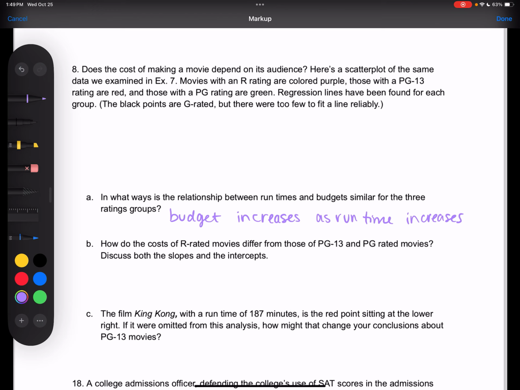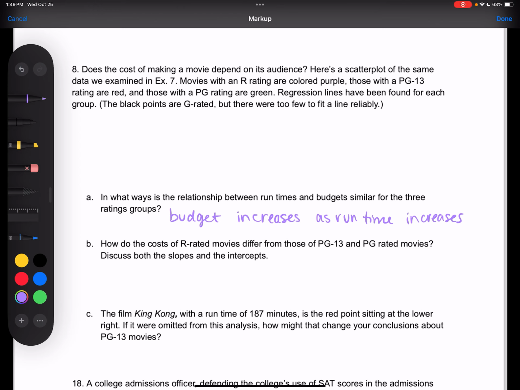Say that one more time. The slope of R-rated movies seems to be less than that of PG-13 movies, but more than that of PG movies. Yes.